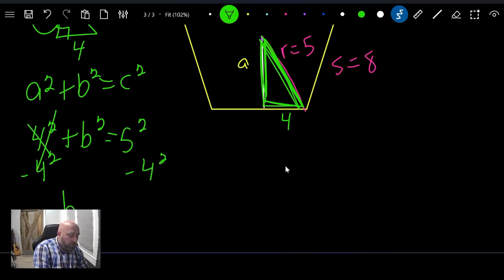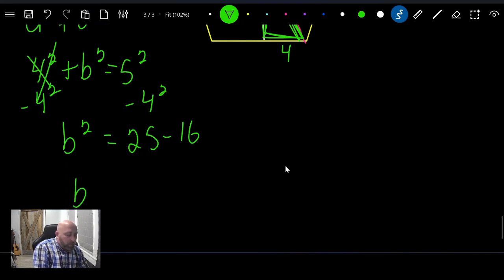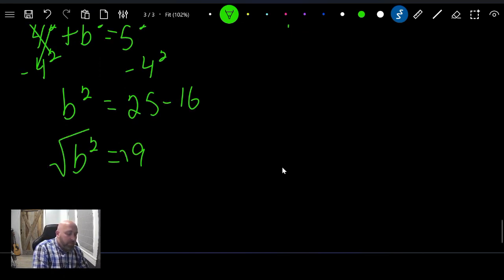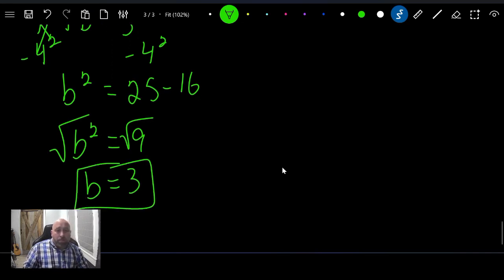And that's going to be B squared equals, and we'll just go ahead and solve this. That's 25 minus 16. B squared equals 25 minus 16 is 9. So in order to solve that, we would take the square root of both sides, and we'd get B equals 3. All right, so there we go.